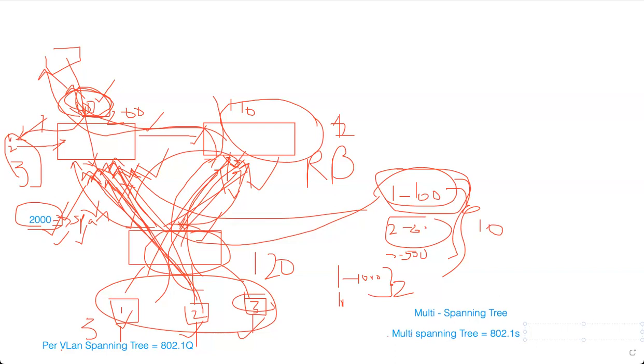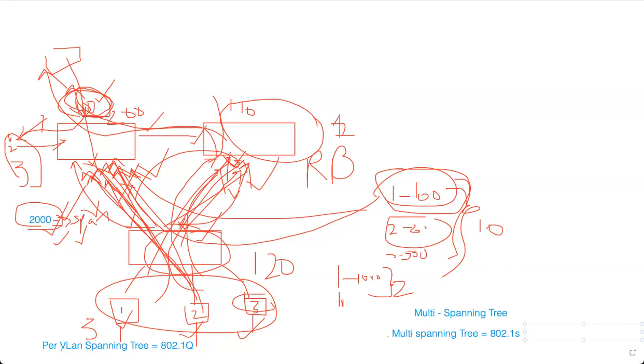Okay, can you brief them? Yeah, so the ports on the root bridge are called designated ports, and the ports which are closest to the root bridge are called root ports, and the alternate ports are the ports which are blocked. Okay, yep, perfect.